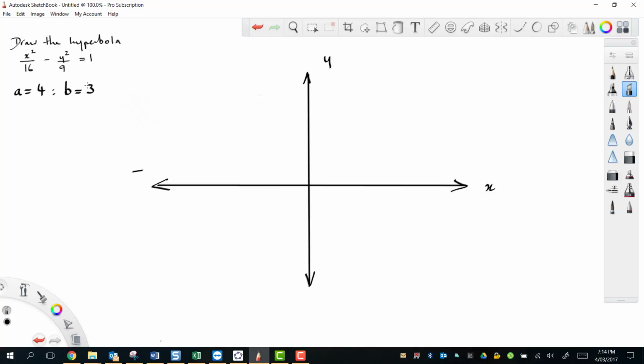And then to work out e, we know that b squared equals a squared, e squared minus 1. So 9 equals 16 (e squared minus 1).